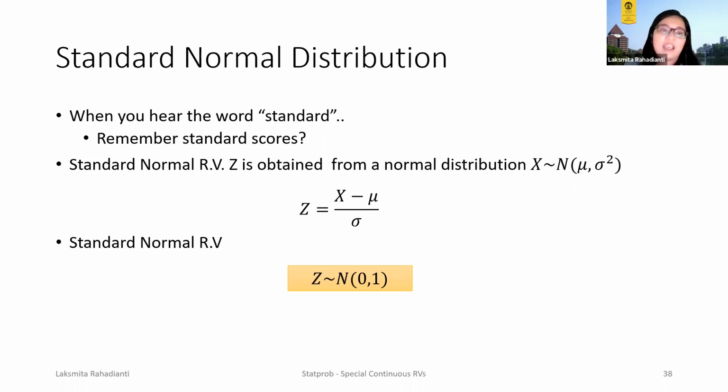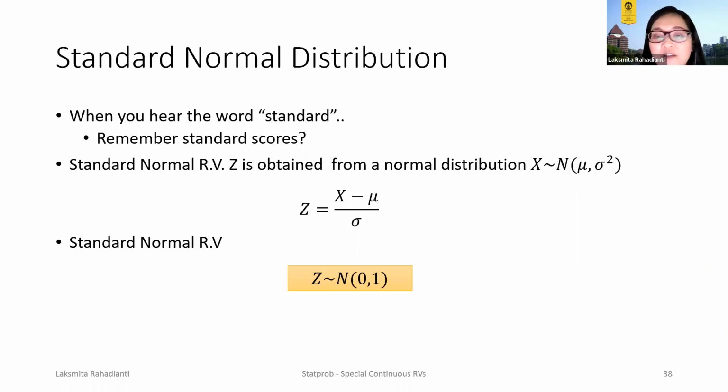Thus, I can have a standard normal distribution by converting my values to a standard score, also known as the z-score, which we already covered in descriptive statistics. This is the z-score equation.